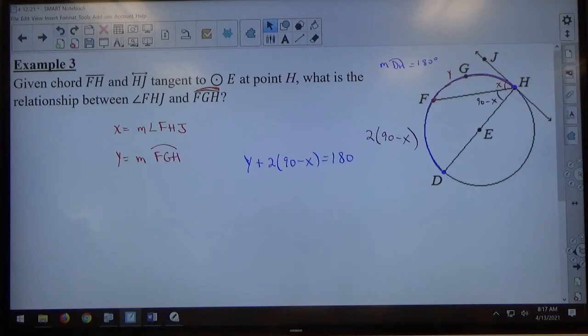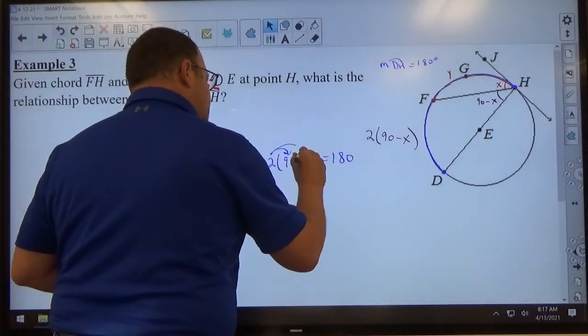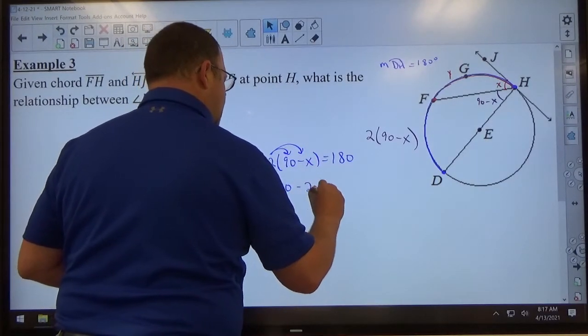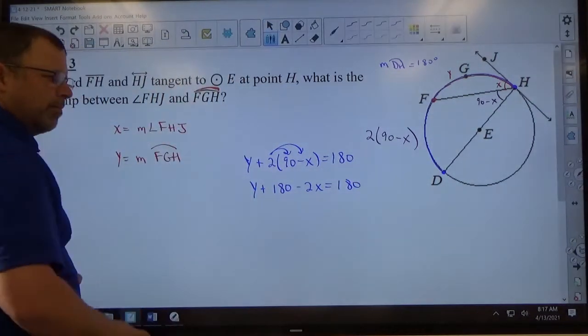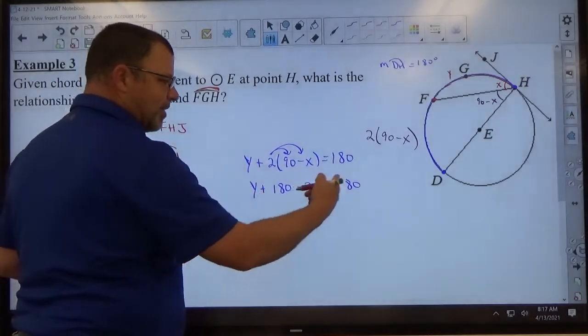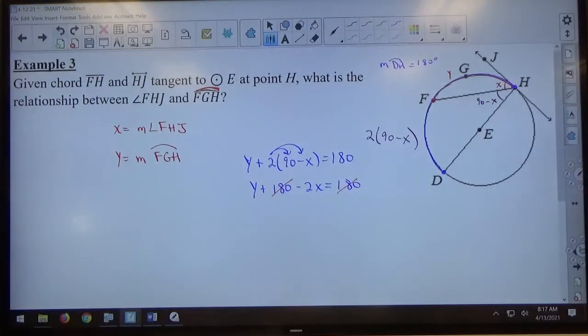First step in solving anything is simplification. 2 times (90 minus x), distributive property, gets me y plus 180 minus 2x equals 180. I've mentioned this multiple times, but I'll say it one more time: if you have the exact same object on both sides of an equation, they can cancel, no matter if it's letters, numbers, anything.